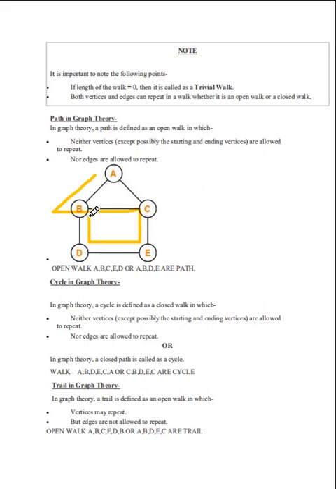You can come only till D. So you correct this part: A, B, C, E, D. It's an open walk, but it's an open walk where vertices may be repeated. Vertices may be repeated, but edges cannot be repeated.